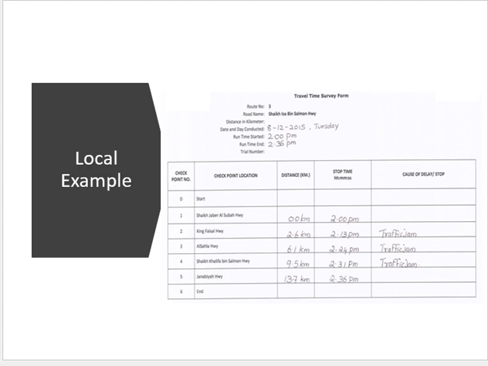This is the main highway, and the intermediate points are the crossing points. They noted the distance and the time. They are noting the time as per the clock, so it doesn't start from 0, it starts from 2 p.m. The reasons are mentioned, not so clear, but they are mentioned.